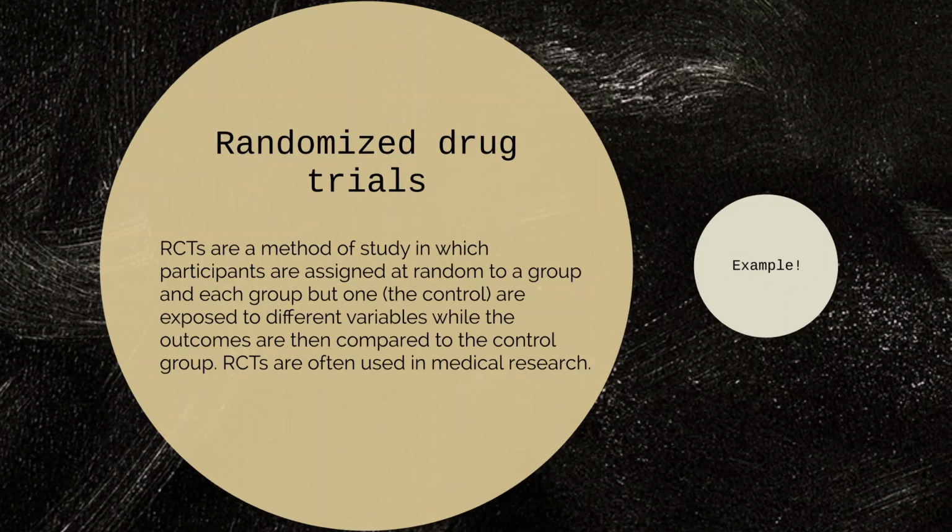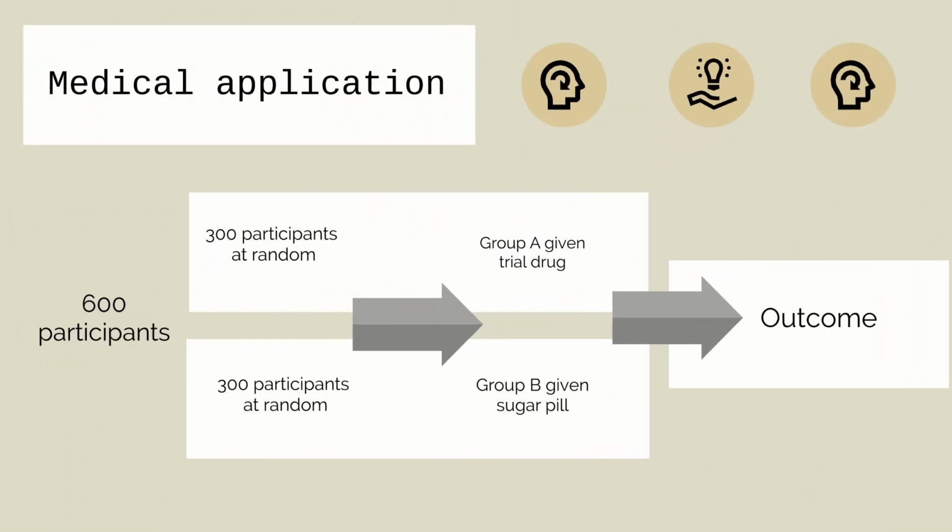So an example of this would be they have a group of 600 participants and randomly assign the participants into two groups of 300, and then give the first group, Group A, the trial drug that they would like to see the effects of, and give the second group, Group B, a placebo sugar pill. They would then compare the outcomes for both groups to the control group, the Group B sugar pill group.